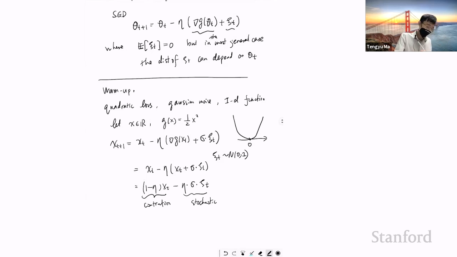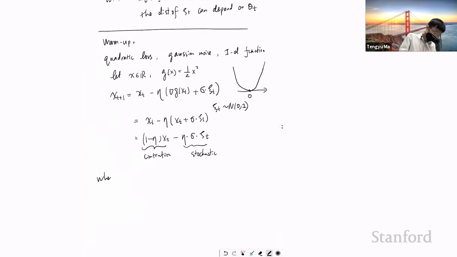So in some sense, the interesting thing is that when xt is large, the contraction, or the shrinking, is dominating, right?